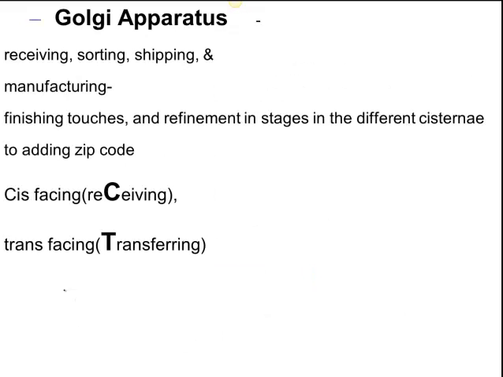The Golgi apparatus, on the other hand, is next in the endomembrane system. We finished the ER, now we are talking about this. The Golgi apparatus is responsible for receiving, sorting, shipping and manufacturing.